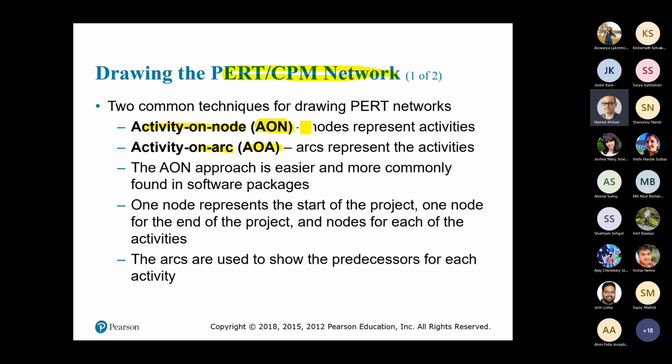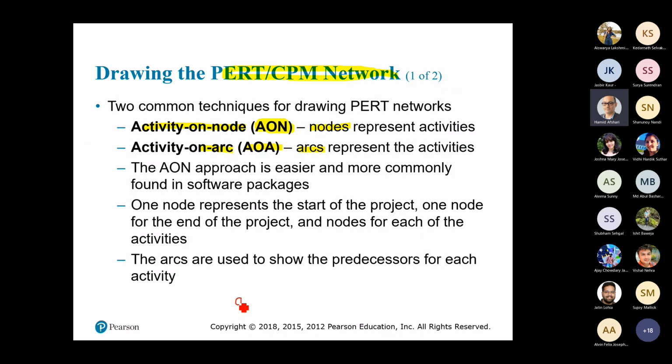Okay, so in activity on node, we put activities on nodes, and in activity on arc, we put activities on arcs. So what is the idea here? Do you remember in network problems, we have a set of circles? What do we call circles? Anybody who remembers just 1 week ago?